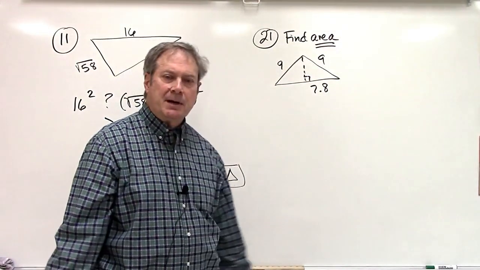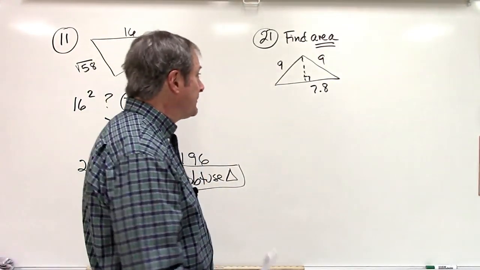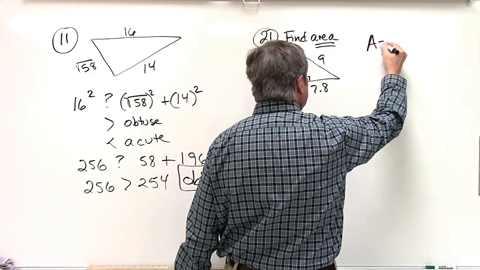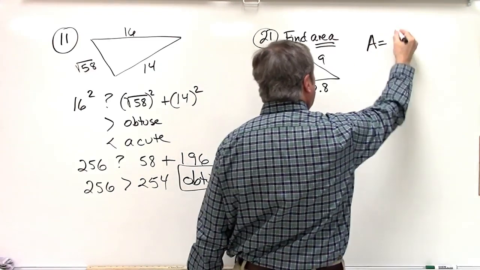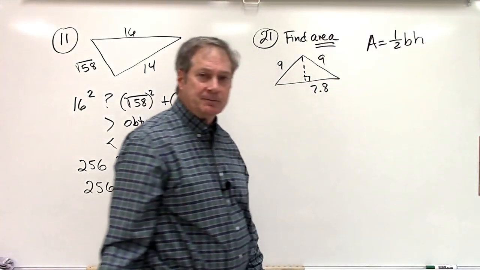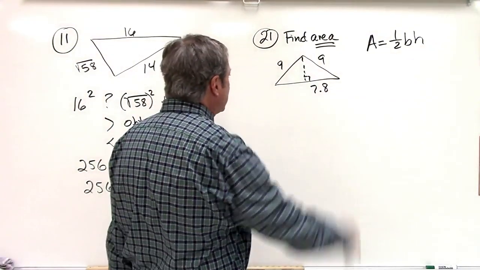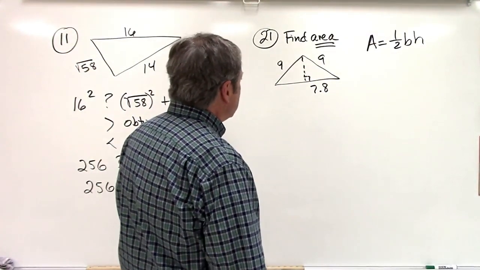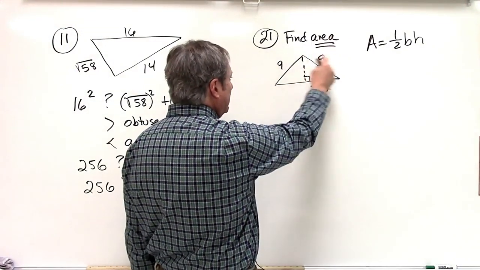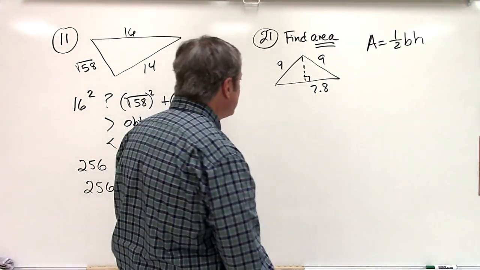Now, I want to go to the last section, finding the area of a triangle. And you may remember, let's absolutely remember, that the area of a triangle is 1/2 the base times the height. 1/2 the base times the height. Well, let's look at this particular triangle. We can tell it's an isosceles triangle because these 2 sides are the same.